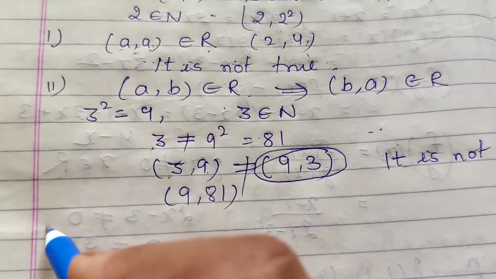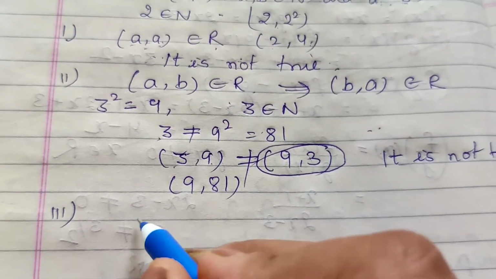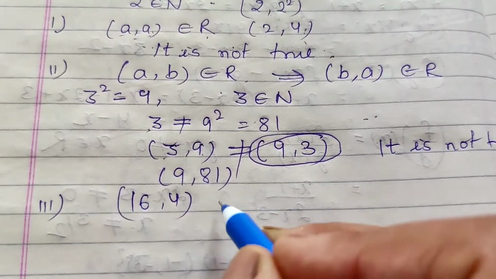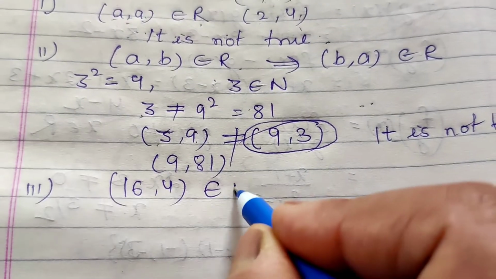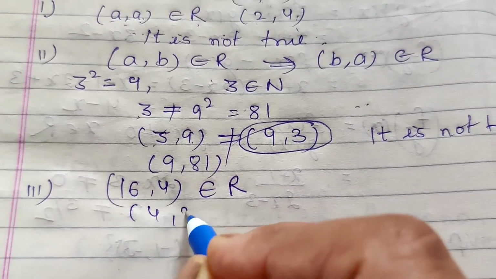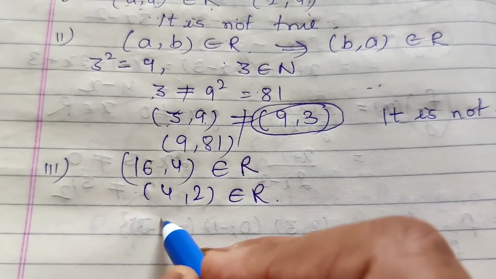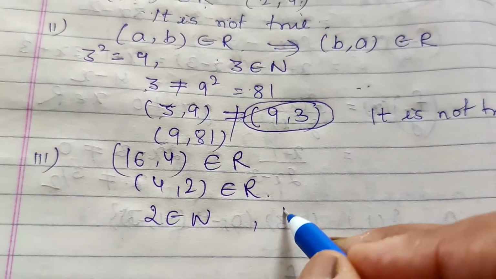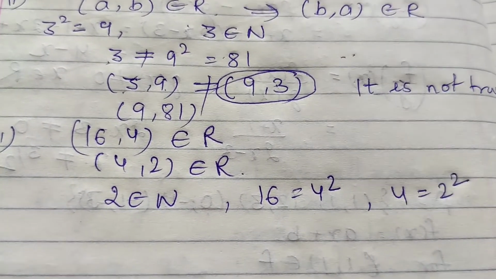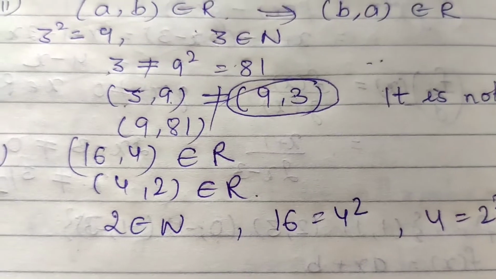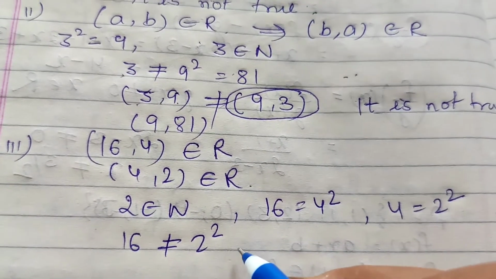And the third one: suppose (16, 4) belongs to the relation and (4, 2) also belongs to the relation, because 16 = 4 squared and 4 = 2 squared. But 16 is not equal to 2 squared, which is 4.